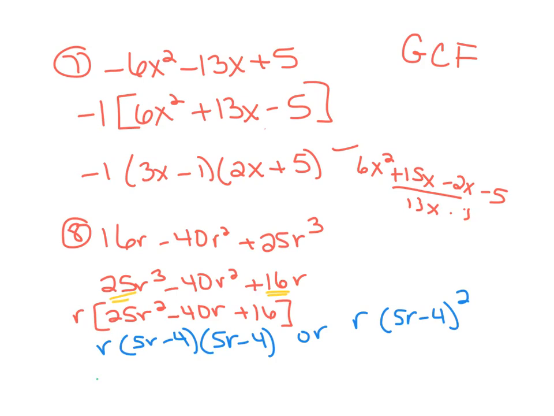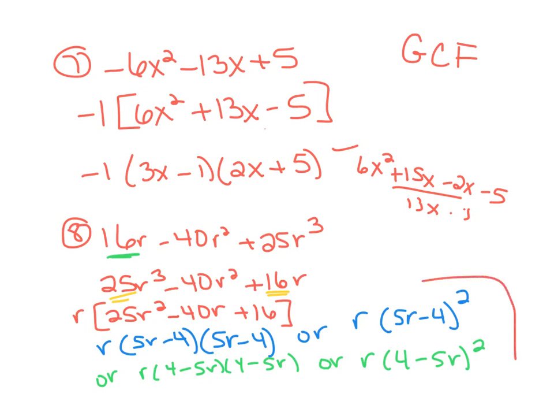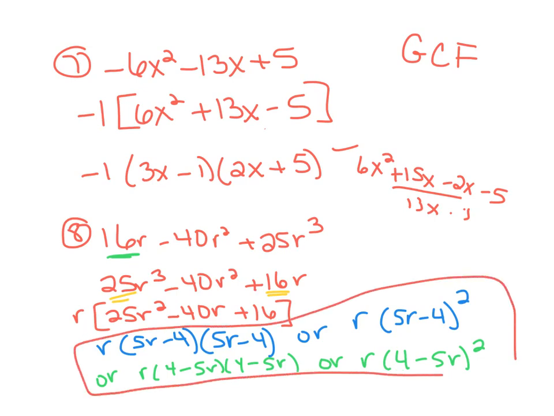Or, if you did not rewrite it, which you did not have to, I would also still accept, and it would be perfect, r times 4 minus 5r, 4 minus 5r, or r times 4 minus 5r squared. Now for this one, you didn't have to rewrite it because the first term was still positive. It still all worked. So for this one, I would have accepted any of those 4 answers.